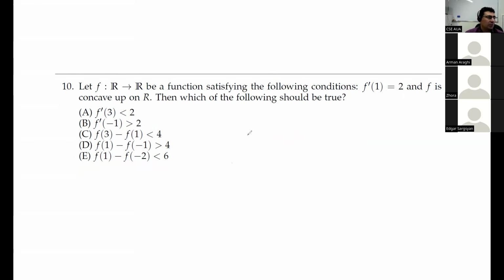What does it mean for a function to be concave up? We have, first of all, the definition of concavity. Concave up, I'm just writing information and then we will discuss the given statements.